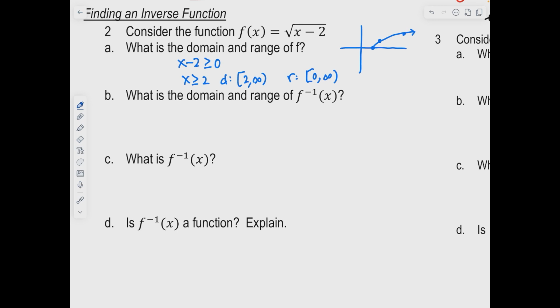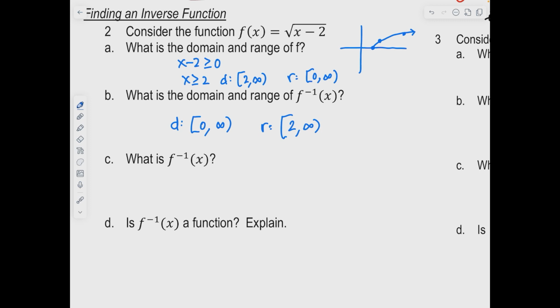What is the domain and range of the inverse? So the domain becomes the range. So the range is going to be from 2 to infinity. And the range becomes the domain, so that would be from 0 to infinity.